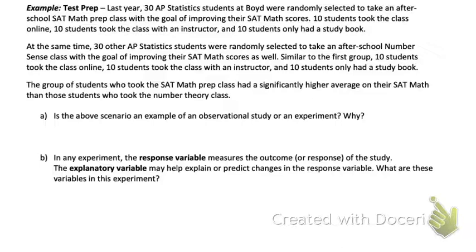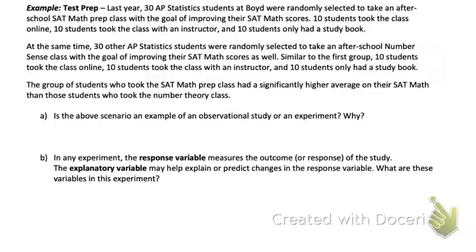At the same time, 30 other AP Statistics students were randomly selected to take an after-school number sense class with the goal of improving their SAT math scores as well. Similar to the first group, 10 students took the class online, 10 with an instructor, and 10 had only a study book. The group of students who took the SAT math prep class had a significantly higher average on their SAT math score than those students who took the number theory class.